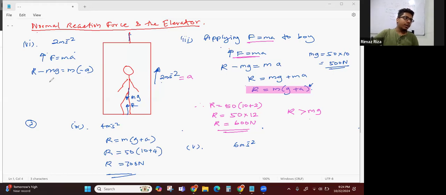So R minus mg equals minus ma, so R equals mg minus ma. So R equals m(g minus a). You can use this as a formula when the lift is decelerating vertically upward. This one is for when the lift is accelerating vertically upward, and this one is for when the lift is decelerating vertically upward.